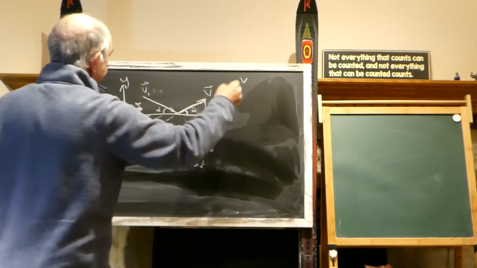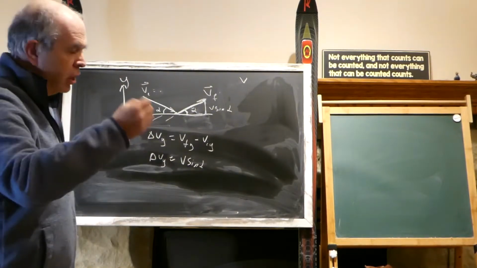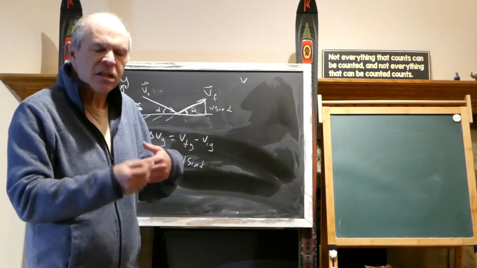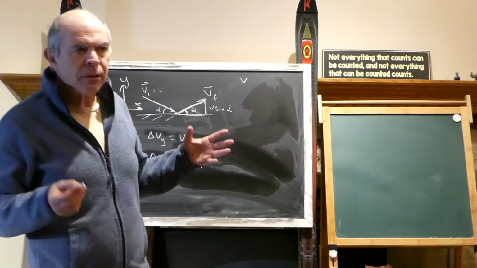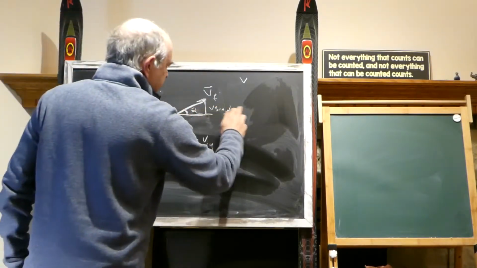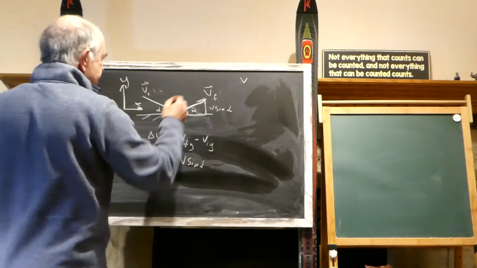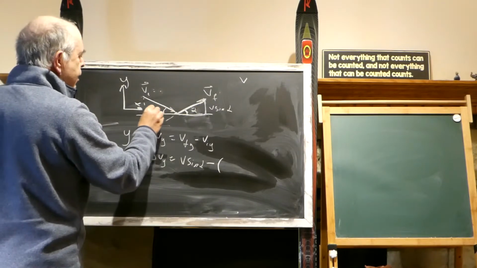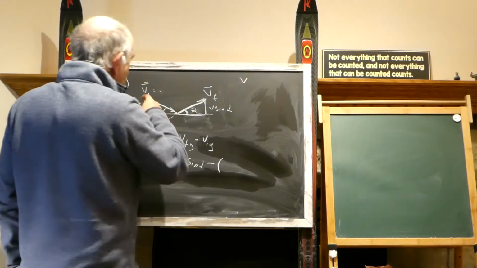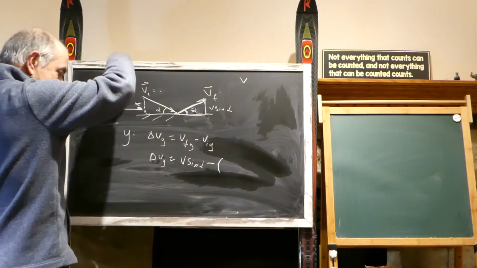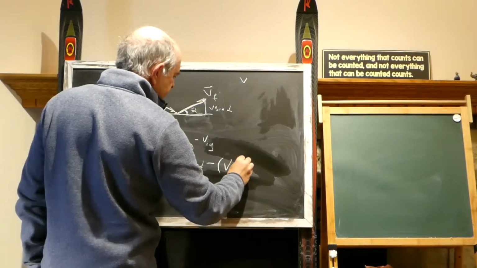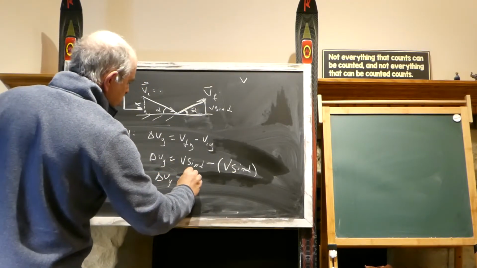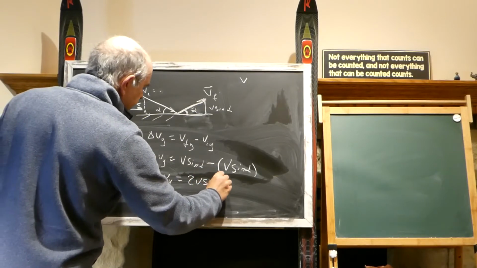If you don't know this, please check my prerequisite playlist where I solve all those trigonometry and vector problems. The projection of this vector is exactly the same from this triangle, only it's minus because this vector is directed downwards. So it's minus v sine alpha. And that means delta vy equals 2v sine alpha.